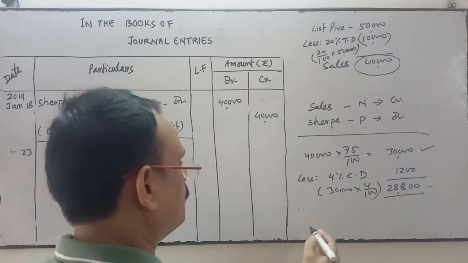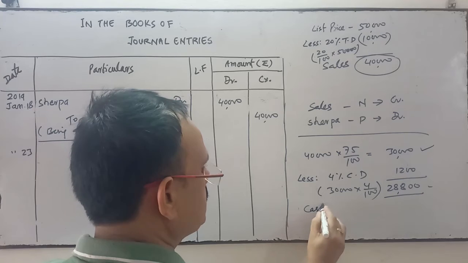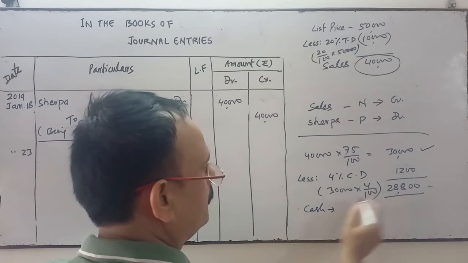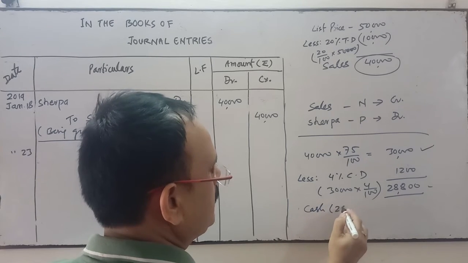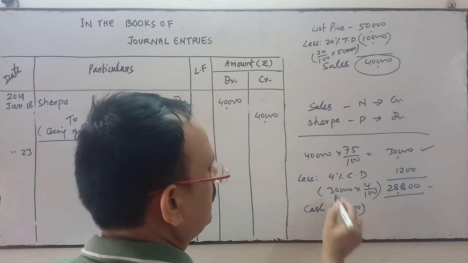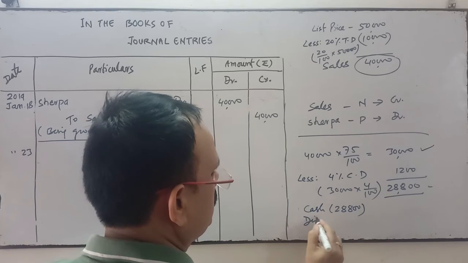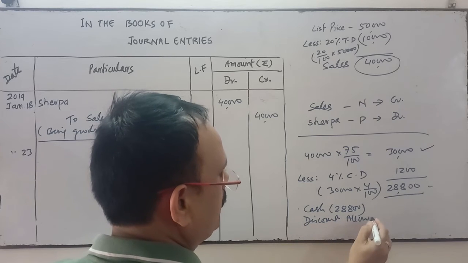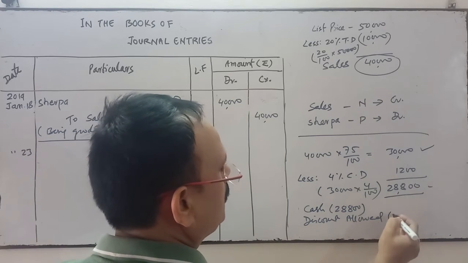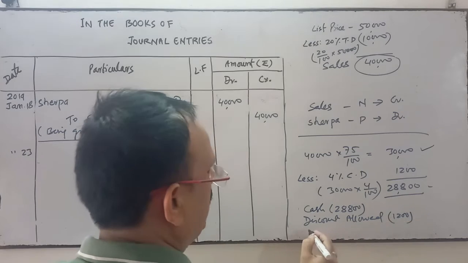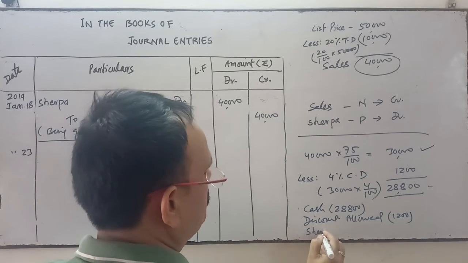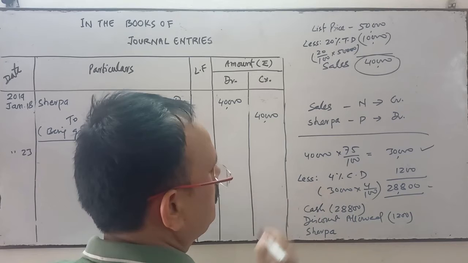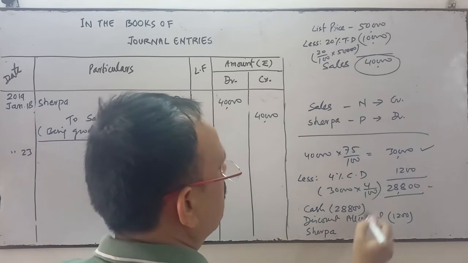Okay, so cash will come in the business cash account for this amount, 28,800. This is for discount allowed. We are going to allow the discount 1,200, and SARPA account, that is for 30,000.